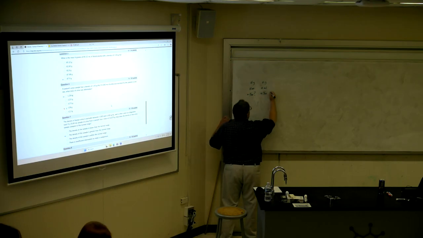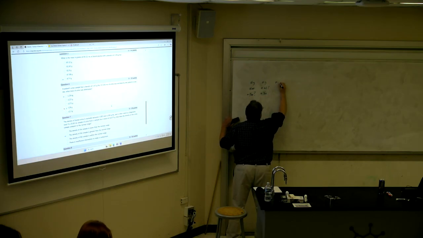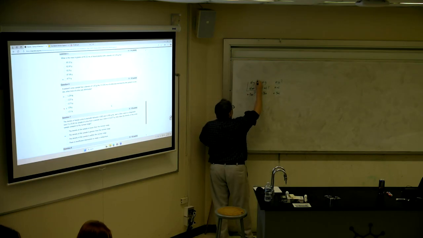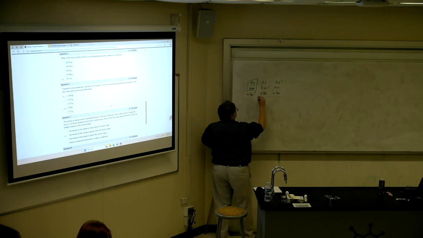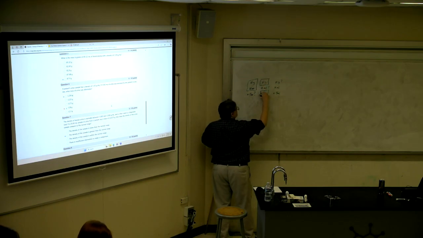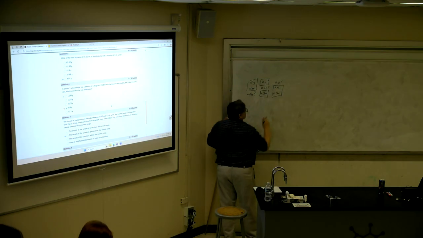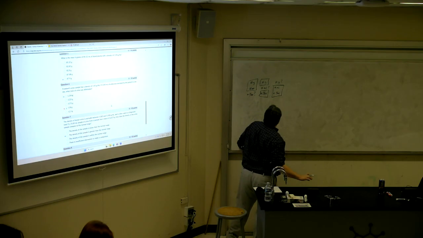You might be given grams and grams per milliliter and asked for milliliters. 3 different ways to ask this question. So you might be given these 2 things and asked to come up with this. You might be given these 2 things and asked to come up with this, which is how this one was.